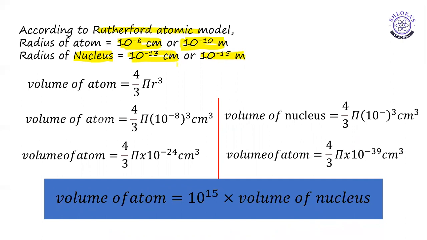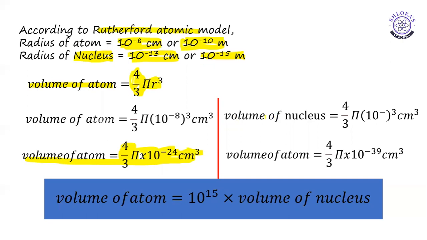As the atom is a sphere, I can calculate the volume of the atom as 4 by 3 pi r cube. If you substitute the R value here, you will get volume of the atom as 4 by 3 pi into 10 to the power of minus 24 centimeter cube.